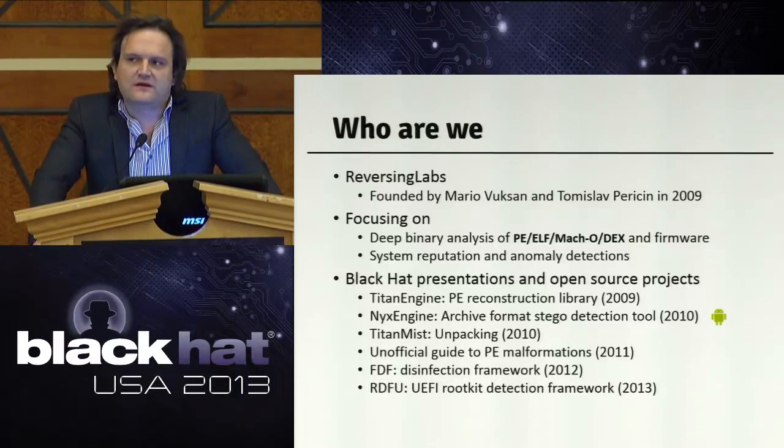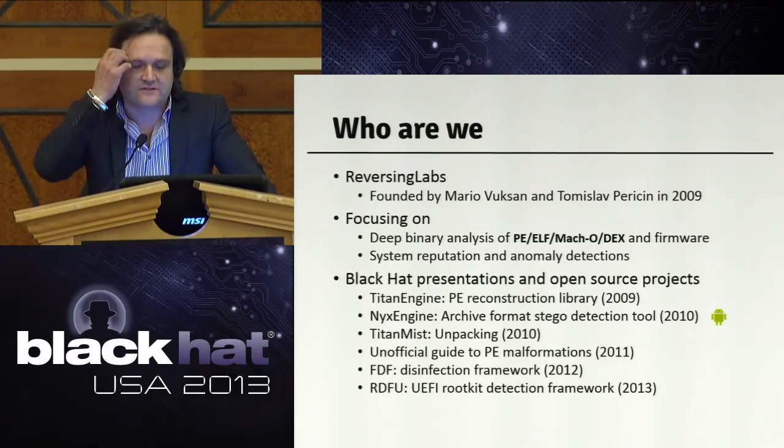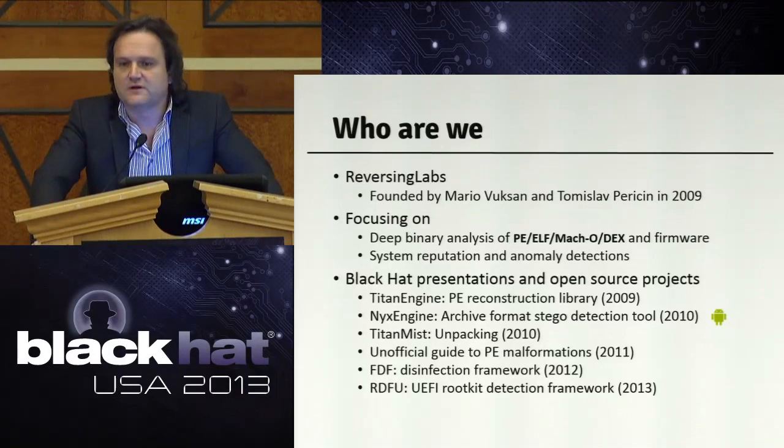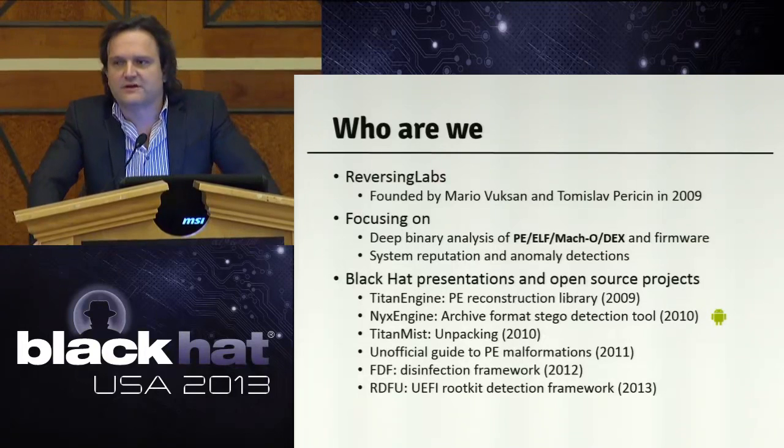Then we took a deeper dive into archive formats. We released in 2010 something called Nix Engine, which was an archive format stego detection tool. Something that only recently, with the Blue Box Android announcements, has actually come full circle.